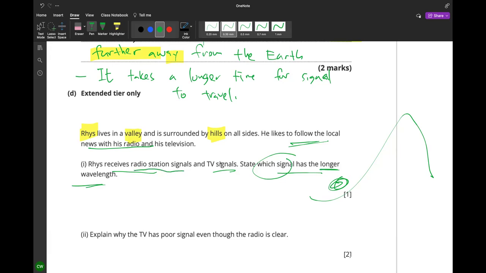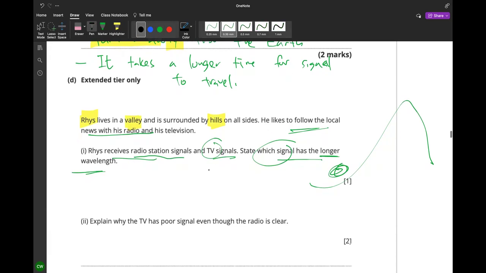Radio wave longer or TV signal longer? Which one do you think is longer? TV signal is by what? Microwave. Radio station, radio wave. So which one is longer? Radio wave is longer, right? Radio wave longer.